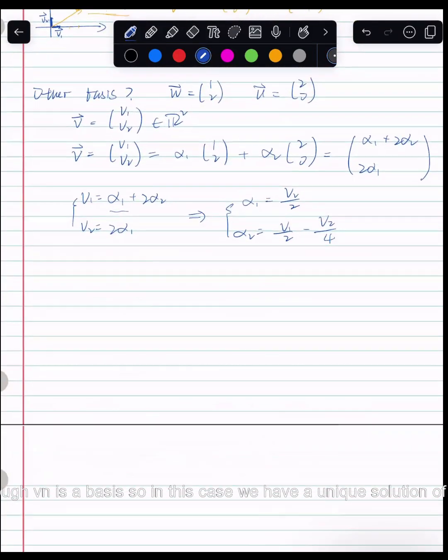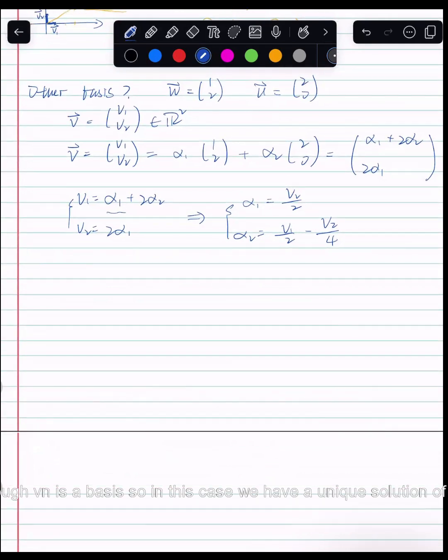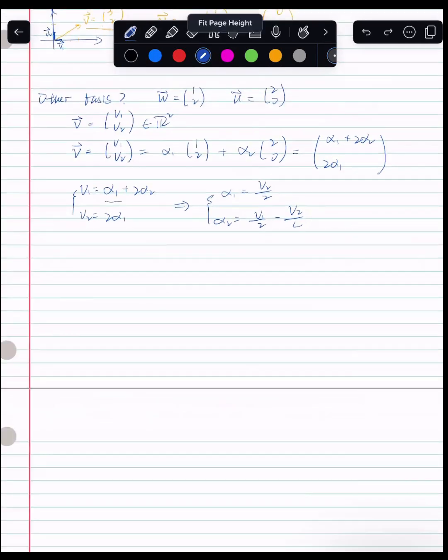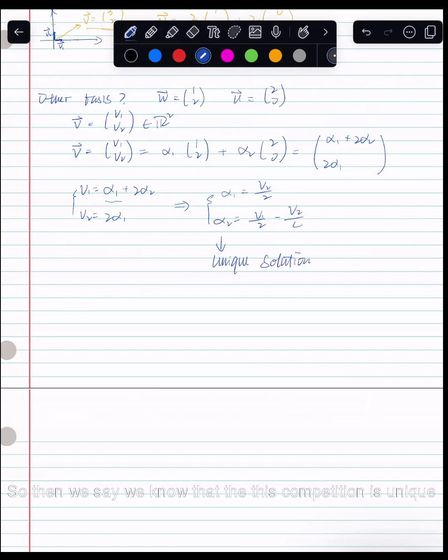So in this case, we have a unique solution of alpha 1 and alpha 2. So we know that this combination is unique.